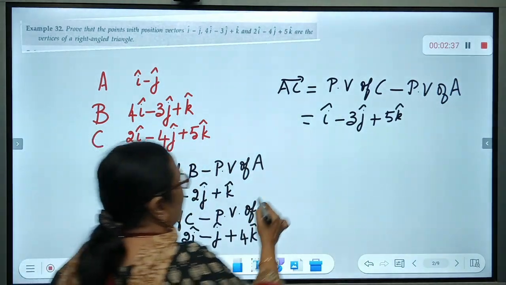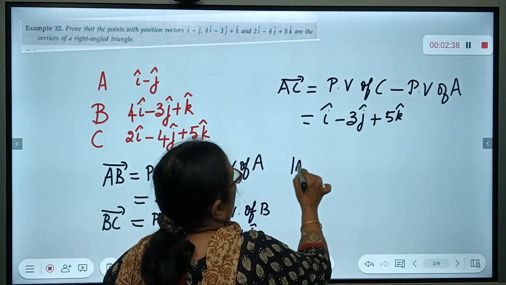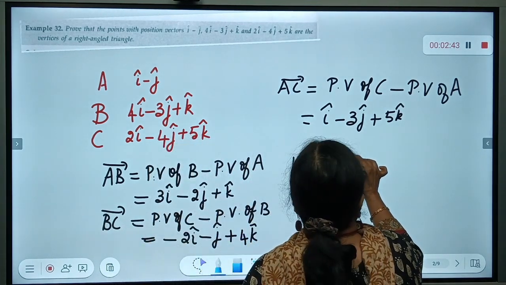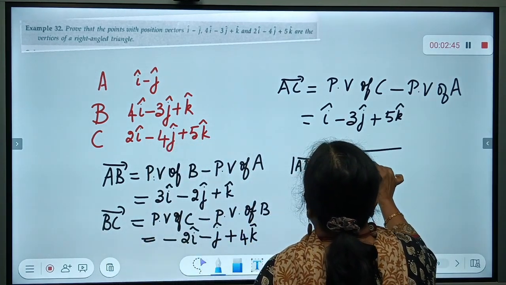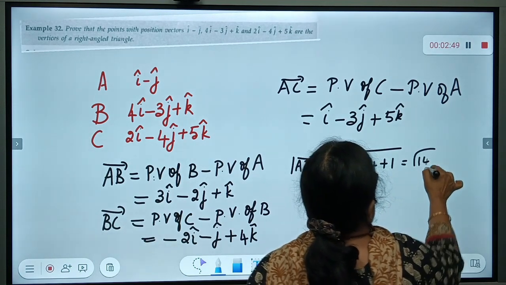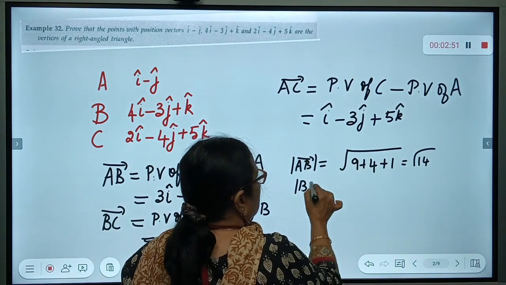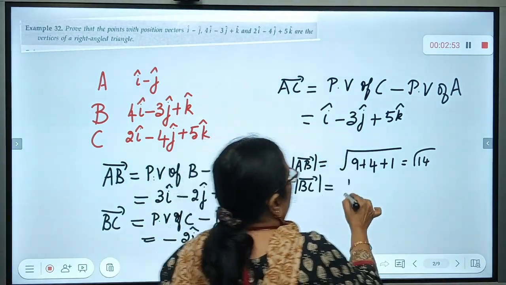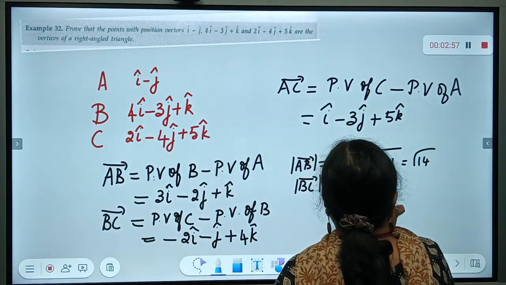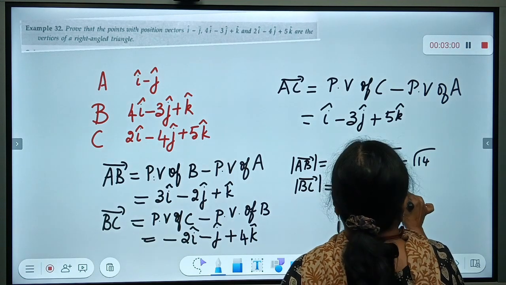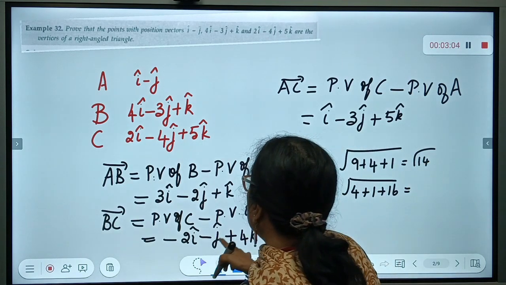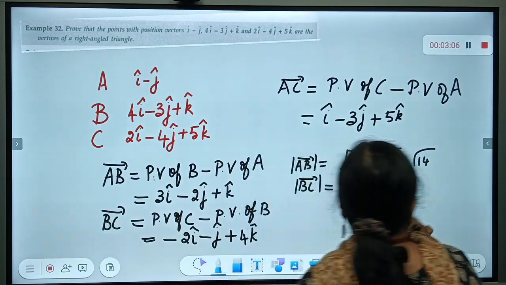Now let us look at the magnitude. What is the magnitude of AB vector? Magnitude of AB vector will be square root of 9 plus 4 plus 1, which is root 14. The magnitude of BC vector will be square root of 4 plus 1 plus 16, which is root 21.